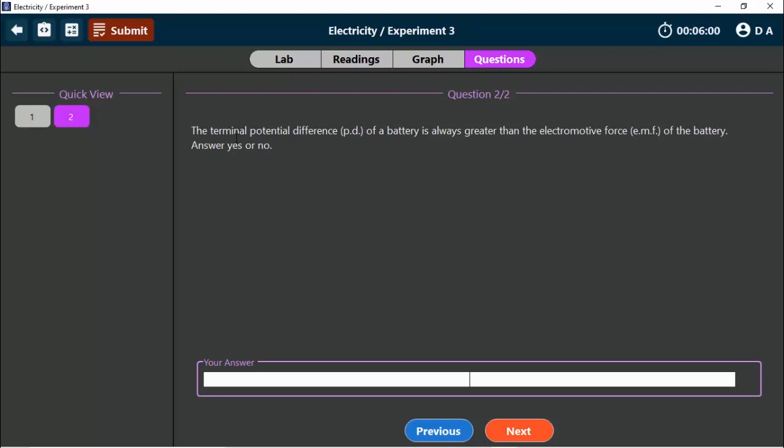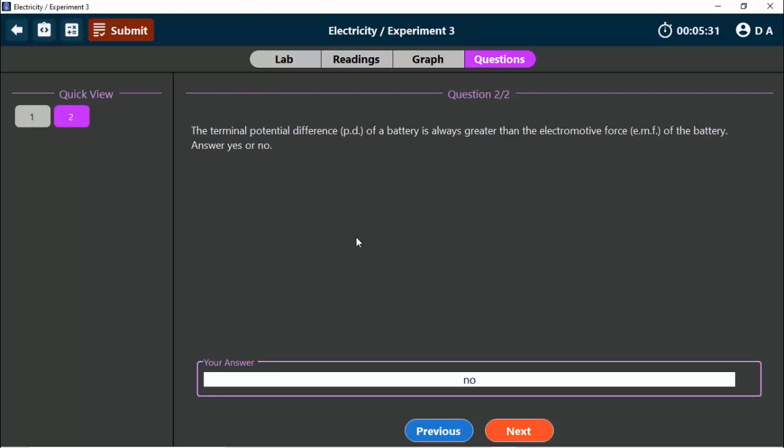That is, can we say it is true that the terminal potential difference of a battery is always greater than the electromotive force of the battery? The answer here is no. The terminal potential difference is going to be less than, not greater than, the e.m.f of a battery. So this statement is false. It's not greater than, so we're going to say the answer is no.